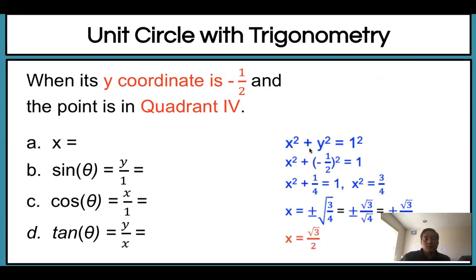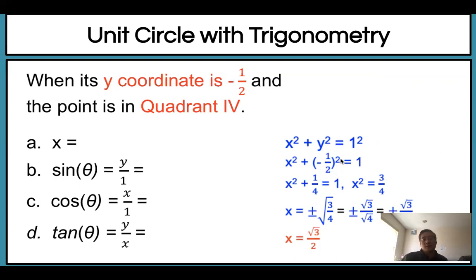So x squared plus y squared is equal to 1 squared, you know. This is the hypotenuse, right? The radius. Then you replace y with negative half. Make sure you put the value in parentheses. A negative value and also a fraction, make sure you put them in parentheses.